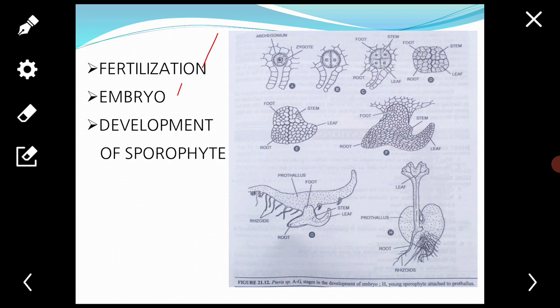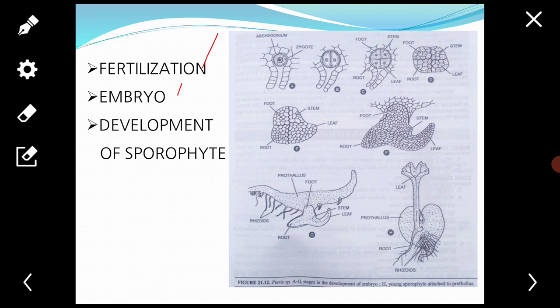Next, the embryo or young sporophyte. The zygote is the first cell of the sporophytic generation, which is formed by the fusion of the spermatozoid with the egg. It remains embedded in the archegonium and develops into an embryo, which ultimately gives rise to the mature sporophytic plant body.